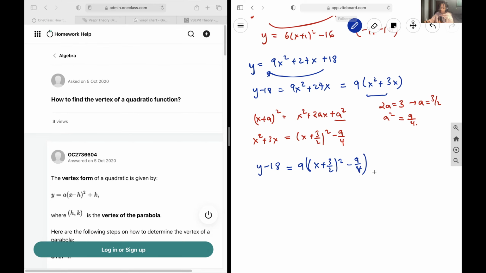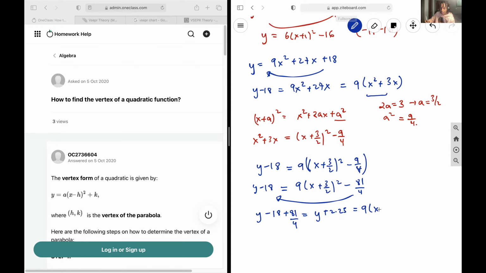And then you want to take out this factor so that it can be on its own. So we get 9 into x plus 3 over 2 squared minus 81 over 4 is equal to y minus 18. Next up, just bring that over, and we get y minus 18 plus 81 over 4. And that can also be expressed as y plus 2.25 is equal to 9 into x plus 3 over 2 squared.